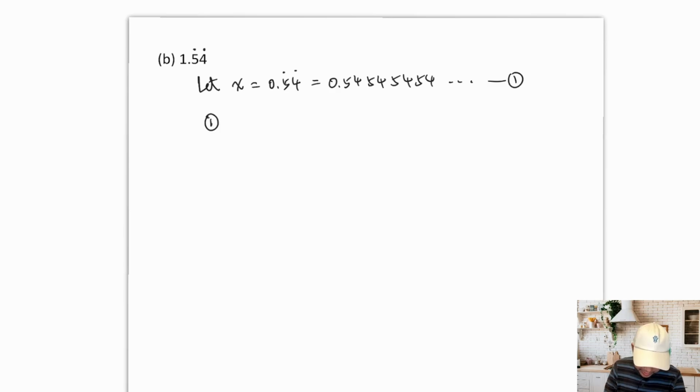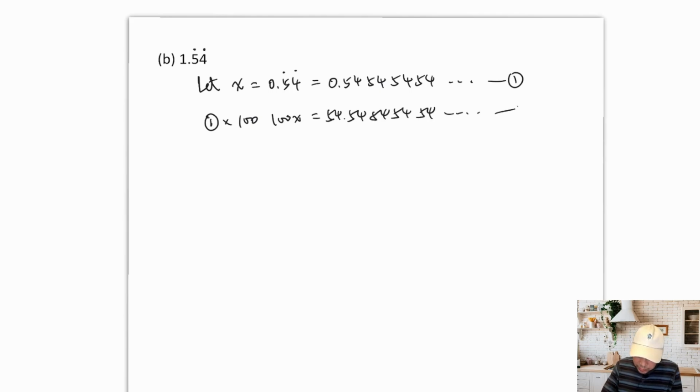We multiply equation number 1 by 100. I will explain why. We multiply by 100, so the decimal point will move to the right for 2 digits. So that will become 54.54545454.